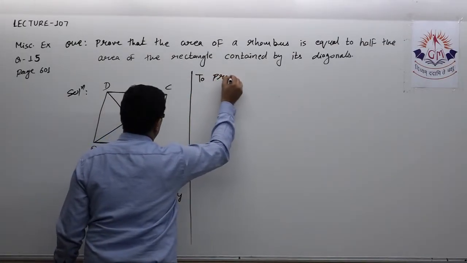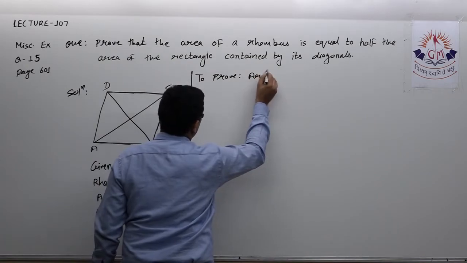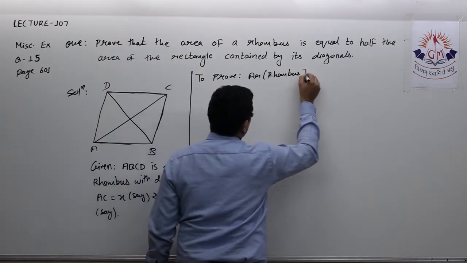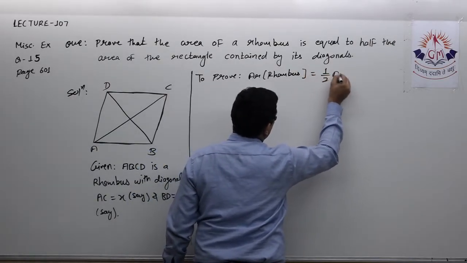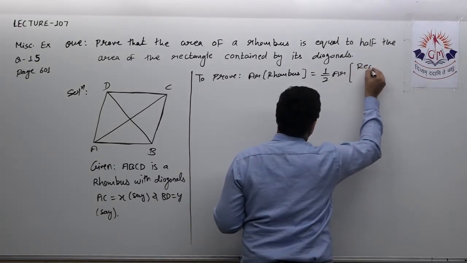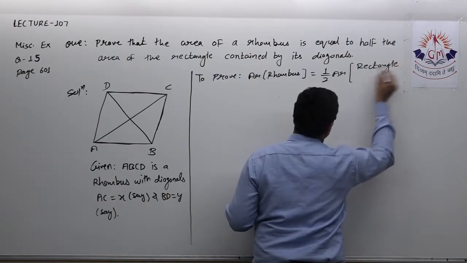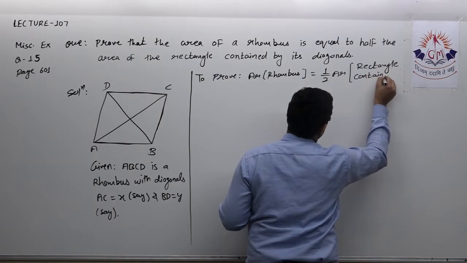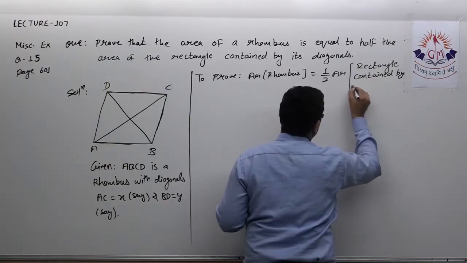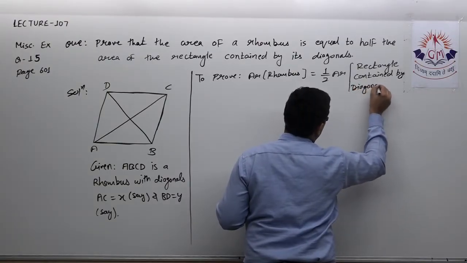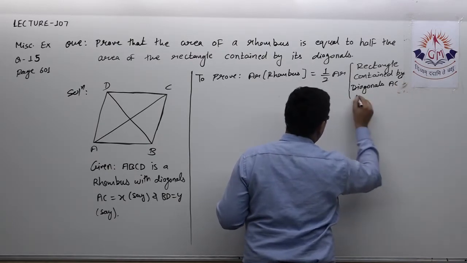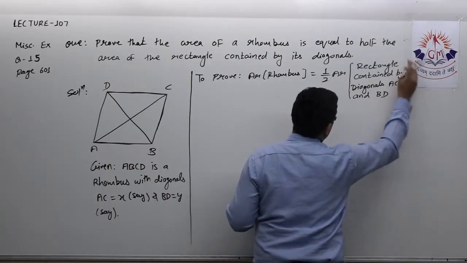To prove: area of rhombus is equal to half the area of the rectangle contained by diagonals AC and BD.